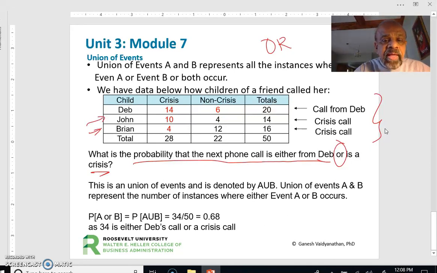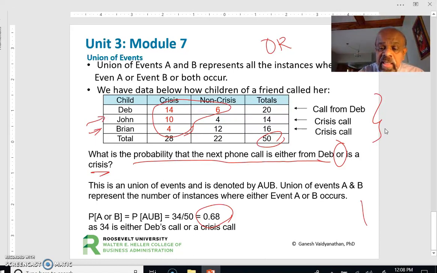So that means I need to involve these numbers, which will be either call from Deb or all the crisis calls. So the total outcome will be 14 plus 10 plus 4 plus 6, which is going to be 34. Okay, and that will be the possible outcomes. And the total sample space is going to be 50. So 34 over 50, which is 0.68, is going to be the probability of the union.